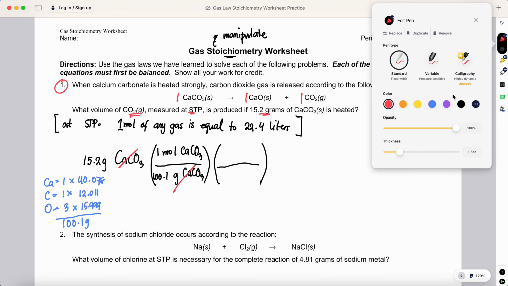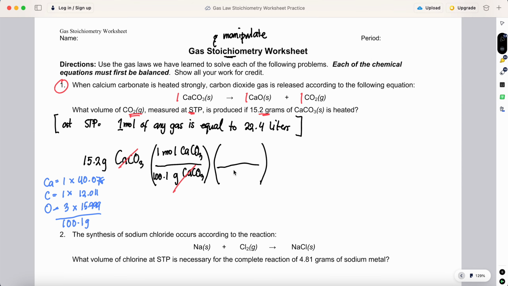So we should use something here as the denominator. We have 1 mole of CaCO3. This is given here. And then what we're looking for is the volume of CO2. The numerator should be mole of CO2, and we also have 1 mole of CO2.